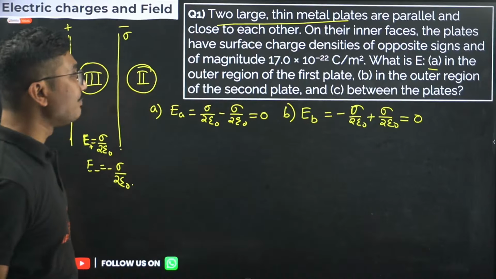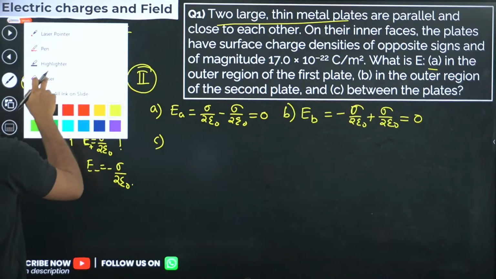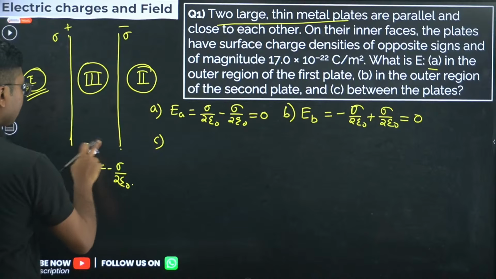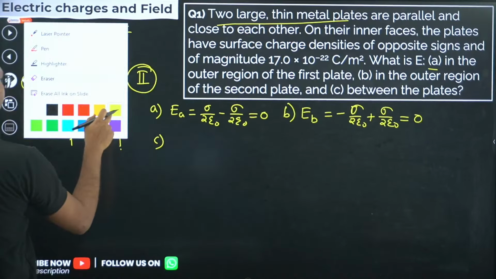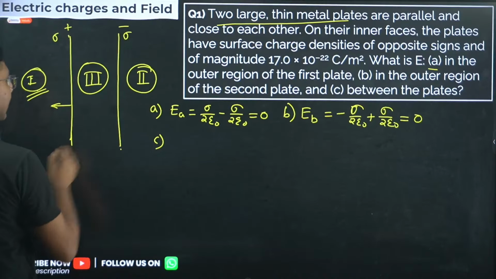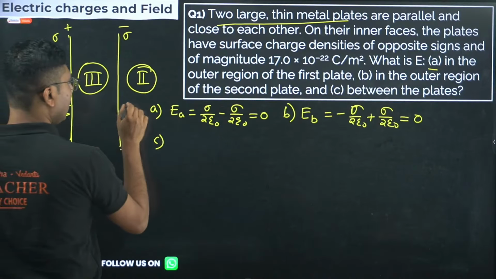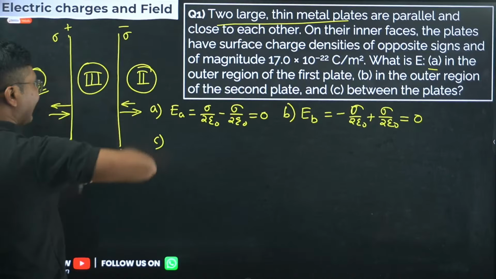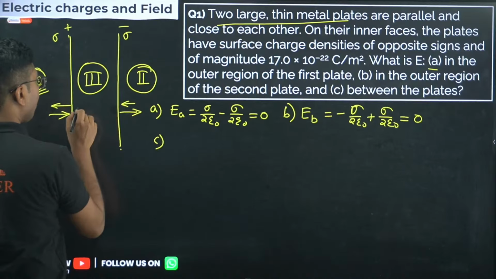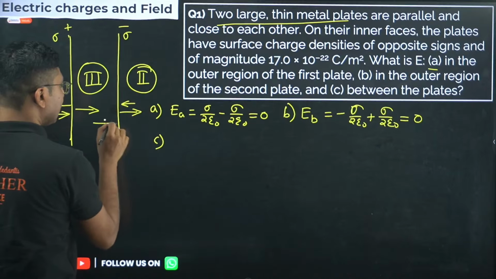Now the last is between the plates. Between the plates something different happens. When you consider this point, the electric field is outward in this direction, due to this it will be inward. In this case it will be inward and this will be outward. Now in between the plates, the electric field due to the positive plate is outward and due to the negative plate is inward.